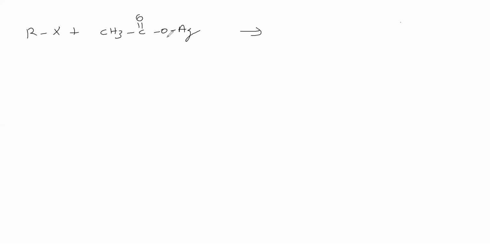Here this oxygen attacks this R, this is leaving, so this bond is migrating. So this Ag plus and X minus becomes AgX. What we will get is the carboxylate ester. We are getting ester. Therefore, the nucleophilic center is this O.